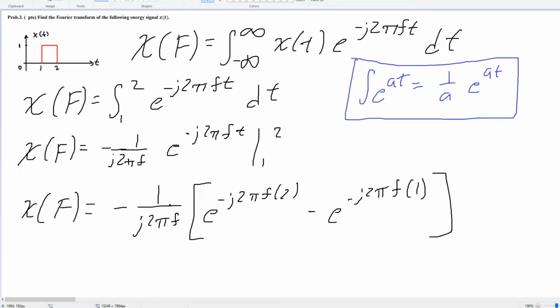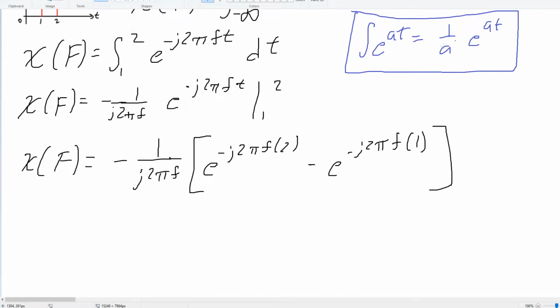And with that, the only thing left to do is just actually multiply the 2 and the 1 by 2. So let me just rewrite this. This is going to be the final part.